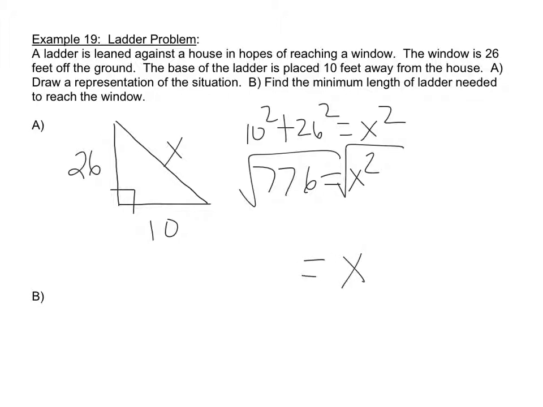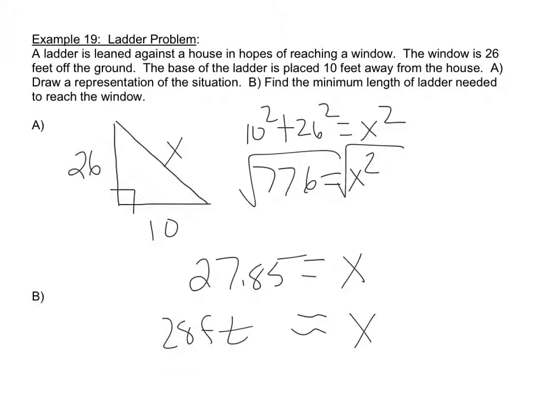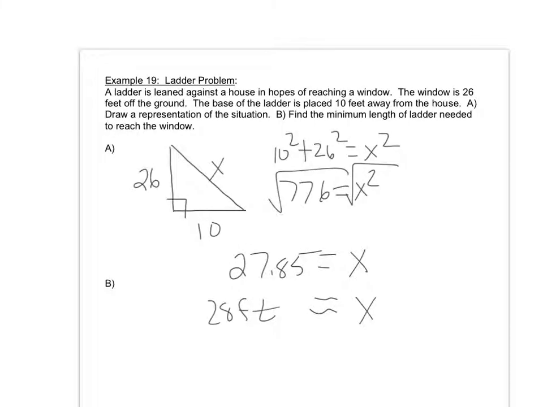Now, again, I would round here because I've never heard anyone say, yeah, it's 27 point something feet long. Okay? So x is 27.85. So I would say x has to be approximately 28 feet because, again, there's not a ladder that's going to be 27.85 feet. Okay? See you guys in class.